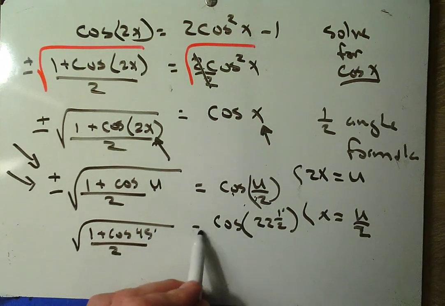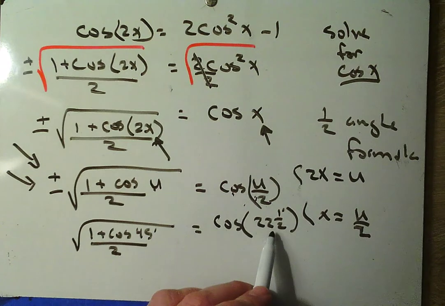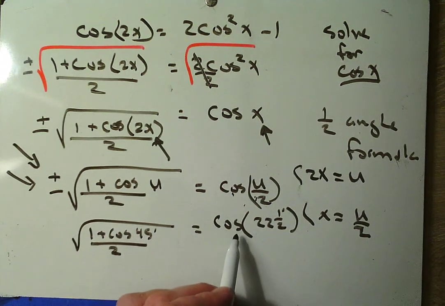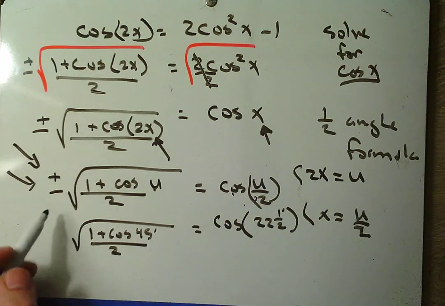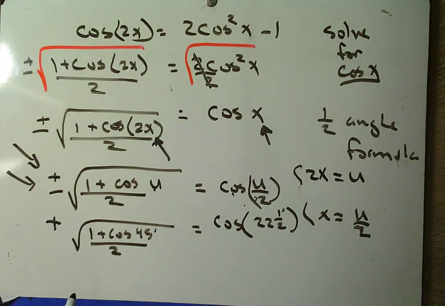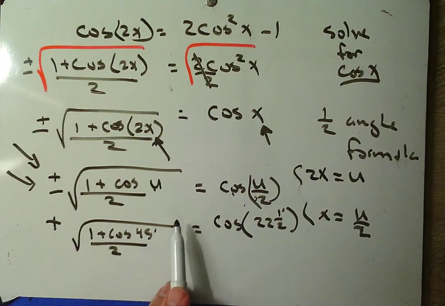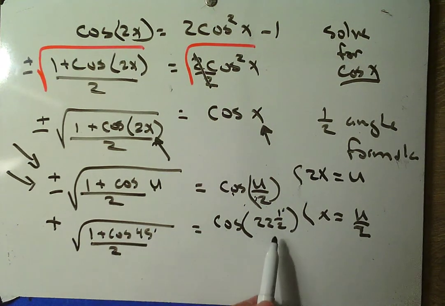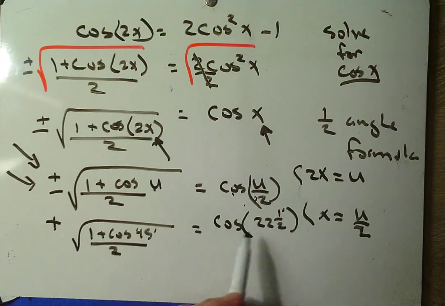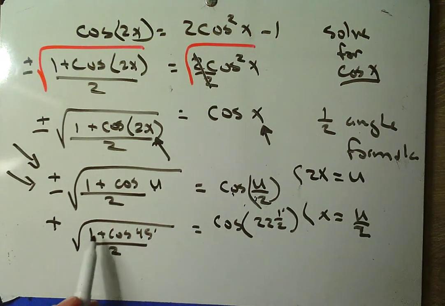Now, in what quadrant is 22.5 degrees? That's first quadrant. And cosine, is it positive or negative there? Cosine is positive. So instead of having both of these, I would just have the positive version. So I'm looking for this angle, which happens to be half of an angle I already know, 45 degrees. So I can use the angle I know that's twice as big as this one to help me find the cosine of this one by using this formula.